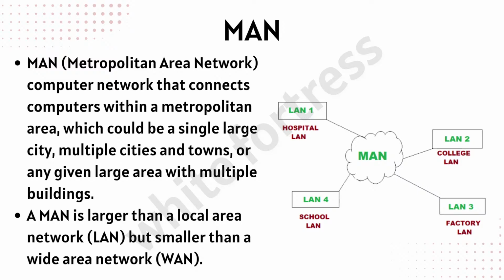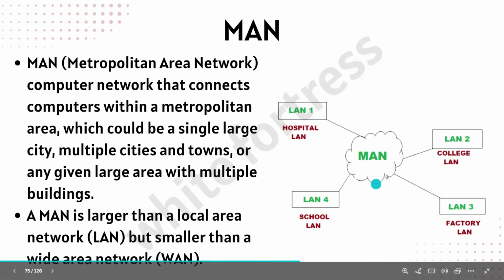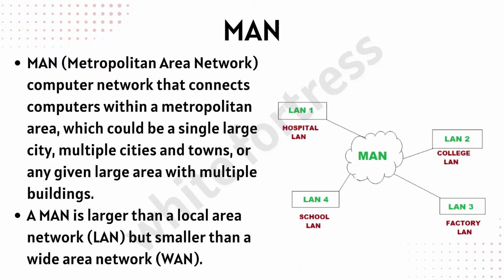Just like I told you, class B IPs are used by large companies. So that organization took a class B IP and connected those, and the same IP range is used in the hospital LAN, college LAN, factory LAN, and school LAN of their own. I hope this is clear to you. It means they are connecting the LANs together with the same address. Is it clear?